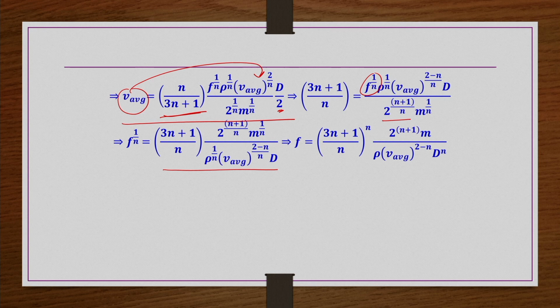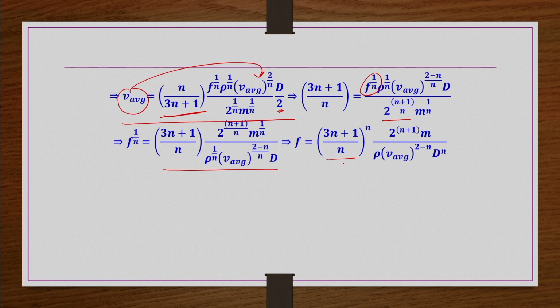Next step, I take the whole power n on both sides. Then on the left side I have f, and on the right side I have 3n plus 1 by n whole power n, 2 power n plus 1, m, rho V average power 2 minus n, D power n. This 3n plus 1 by 4n is a common factor that we get in general for shear rate expressions, as we saw previously when talking about the capillary viscometer.